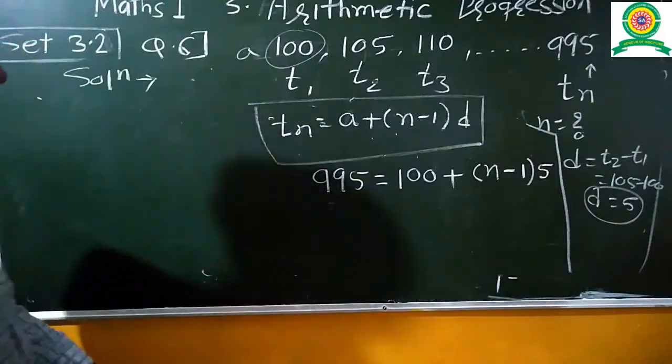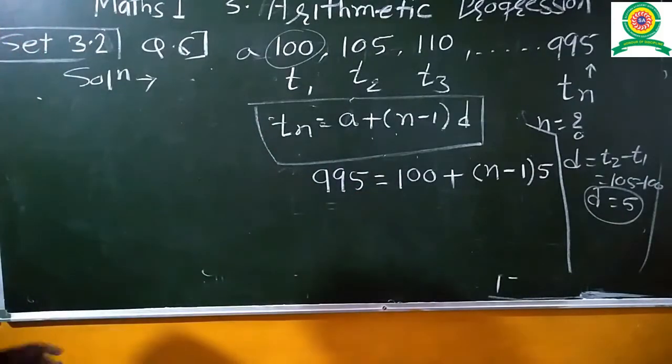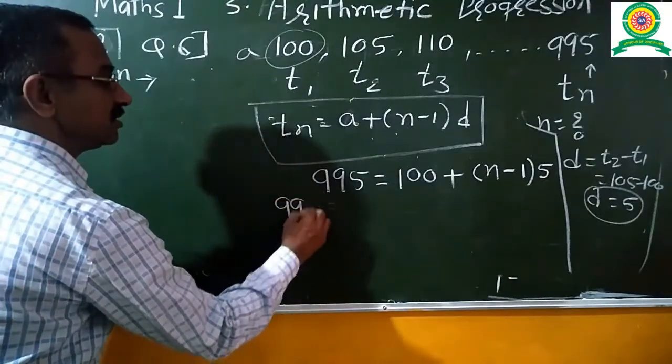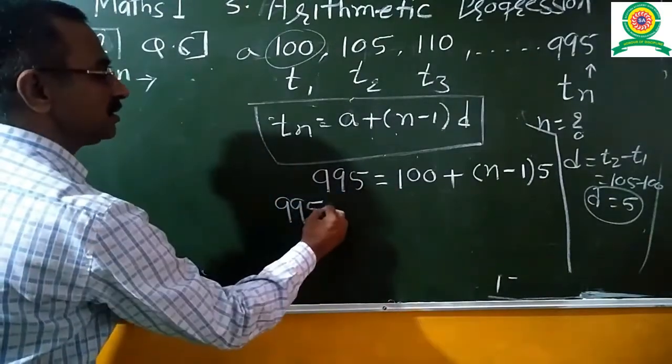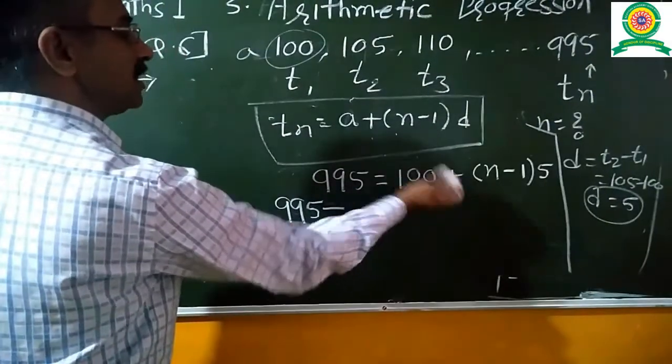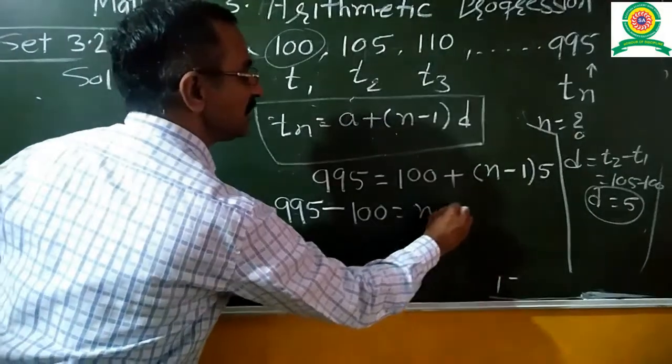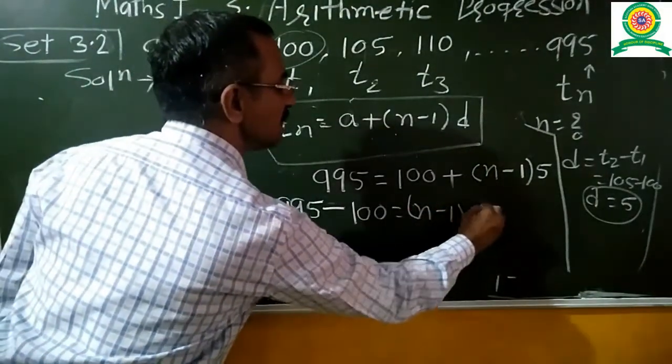Therefore, by calculating, 100 gets transferred here. On the left side 100 is a plus, so by changing the side it becomes minus. (n - 1) remains as it is, and 5 remains as it is.